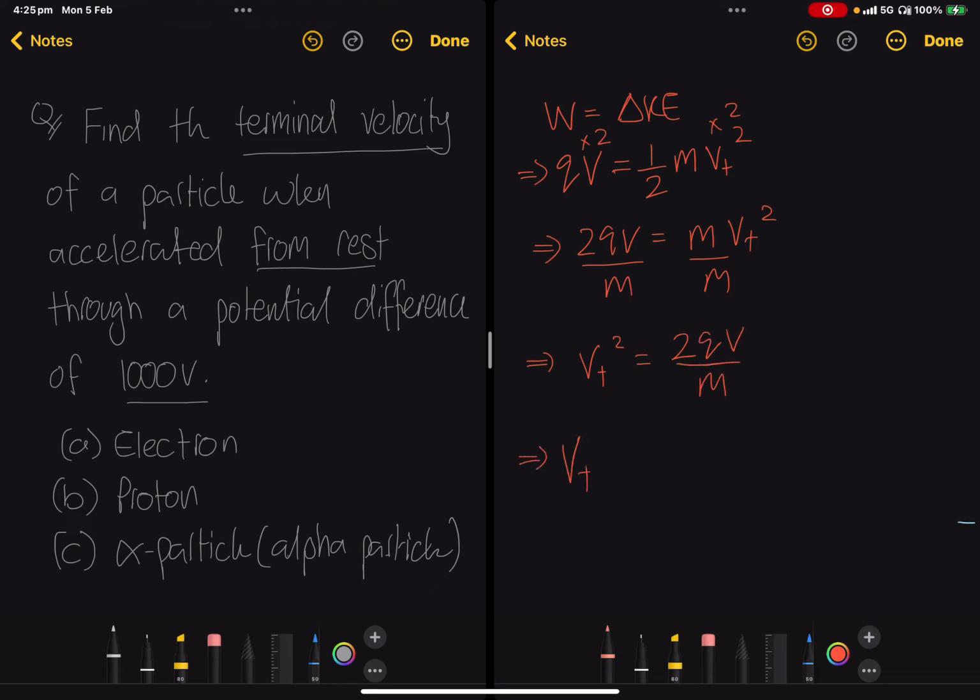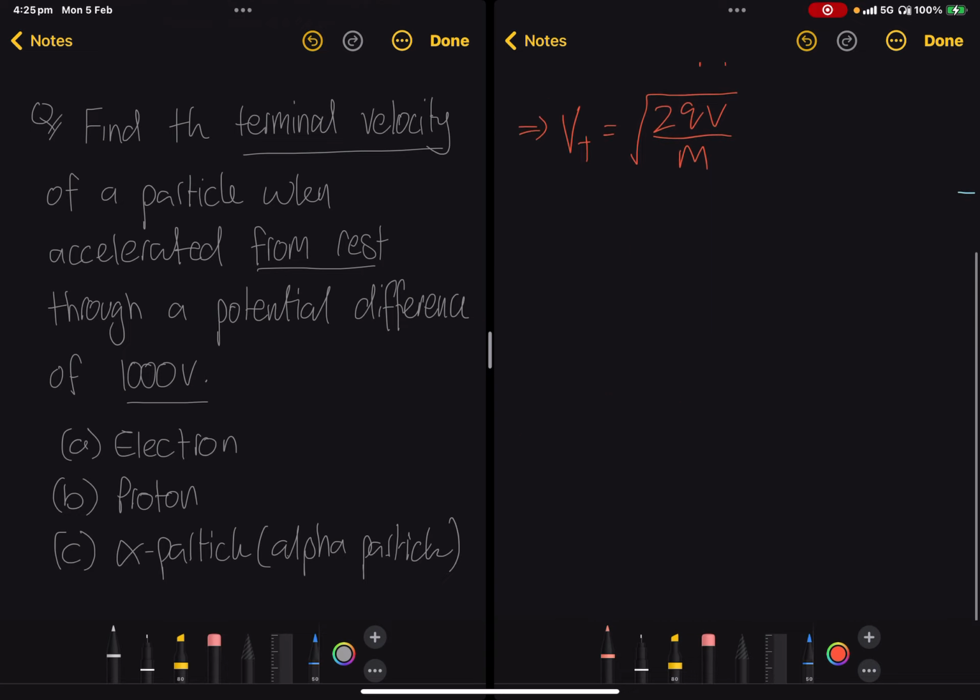This tells me that terminal velocity is the square root of 2 times charge times potential difference over mass. So we need to use this formula 3 times, once for the electron, once for the proton, once for the alpha particle.